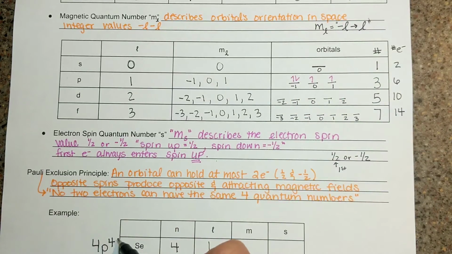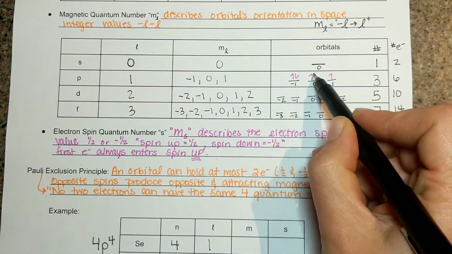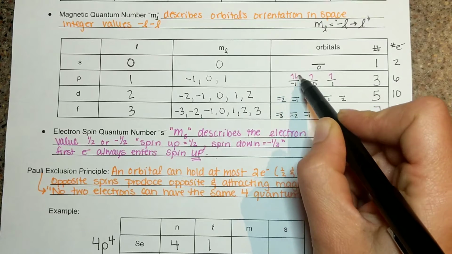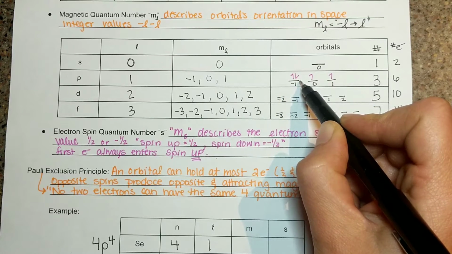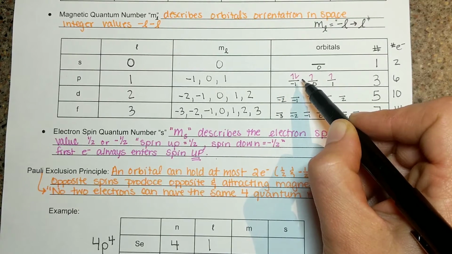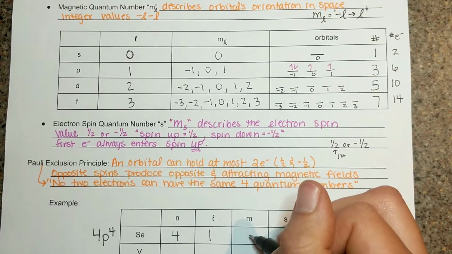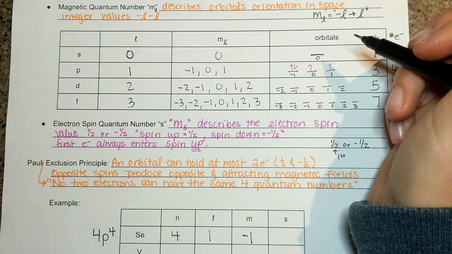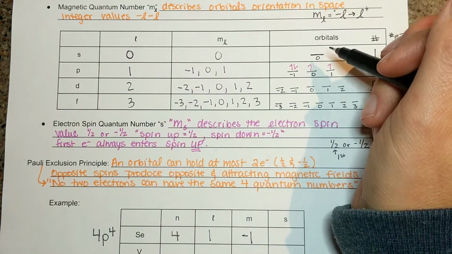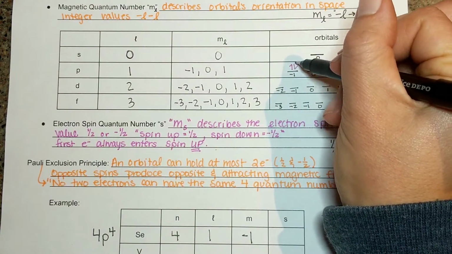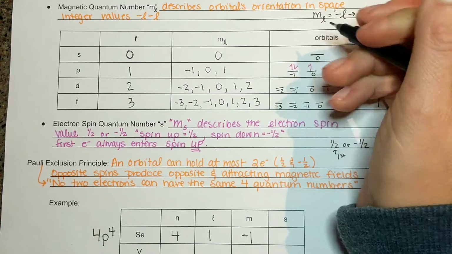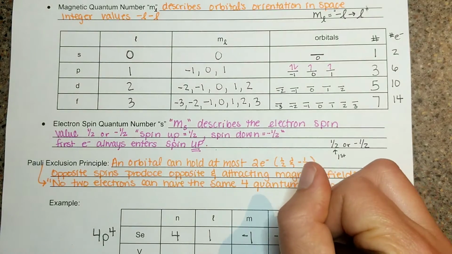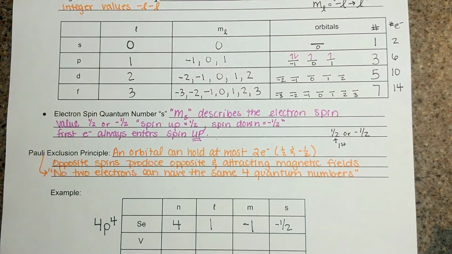I have 4 electrons, so I'm going to fill up, up, up, and then back down. So this guy is in the -1 spot for my m sub l value. So this is -1. And because it filled in the down position, that means it has a -1/2 as my spin.